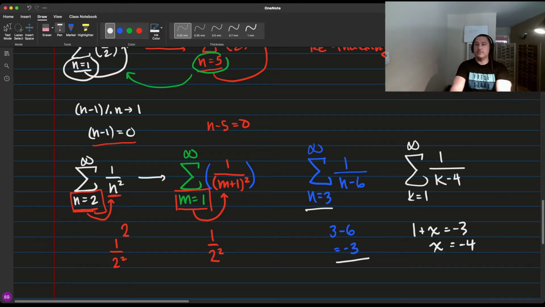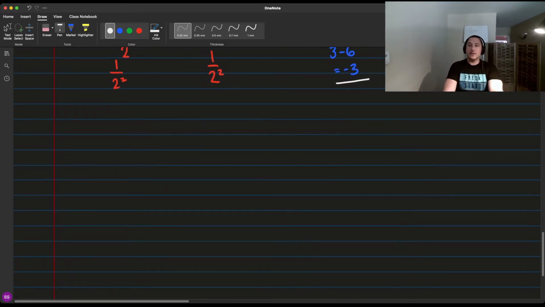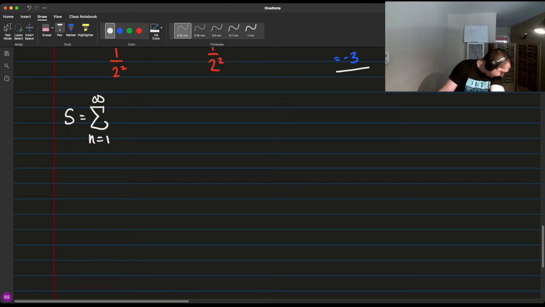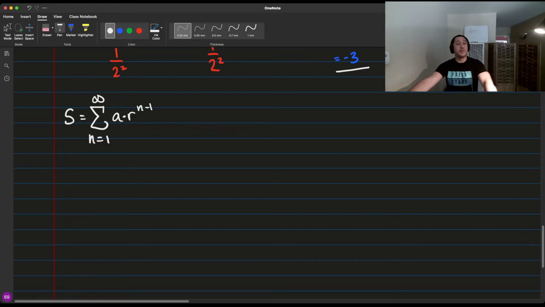I want a formula for the sum of n equals 1 to infinity of the geometric series, which is a times r to the n minus 1, where a is your starting number and r is your common ratio. The number r is the number you multiply by to get the next term in the sequence.